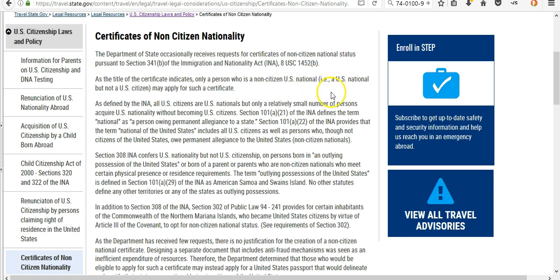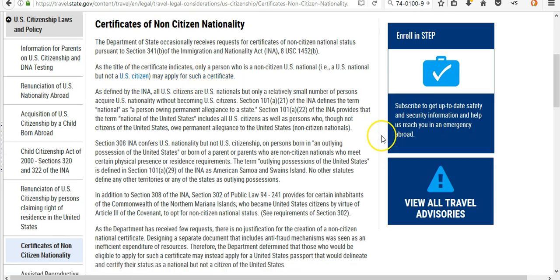Okay? American national, U.S. national, same thing. So only after that status has been corrected can you obtain a certificate showing that correction, because you are not a U.S. citizen. Okay?